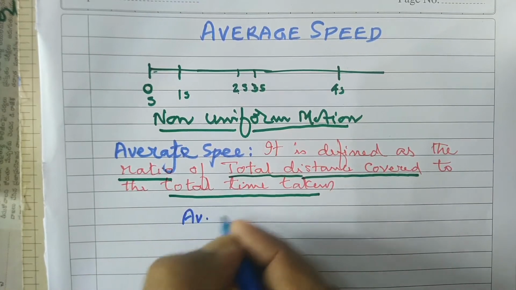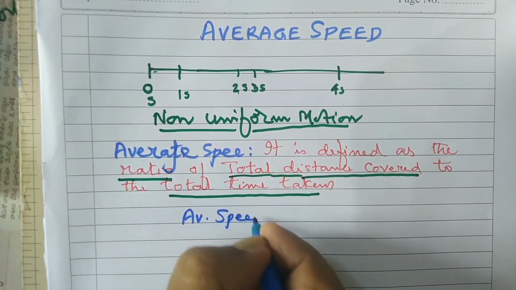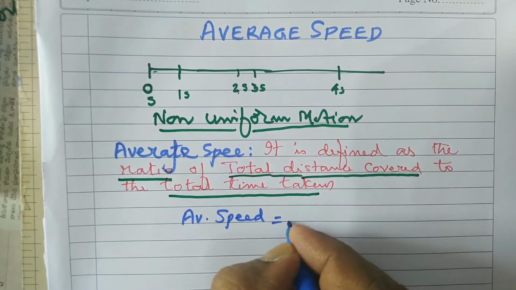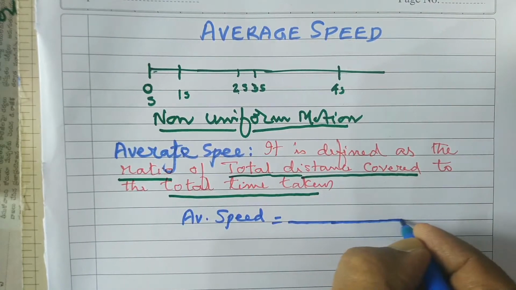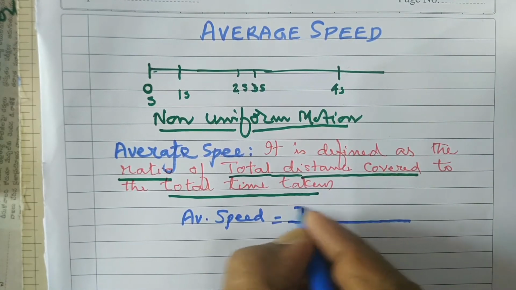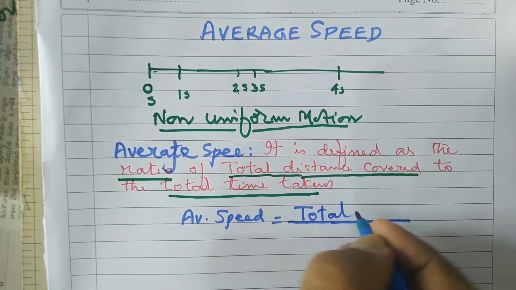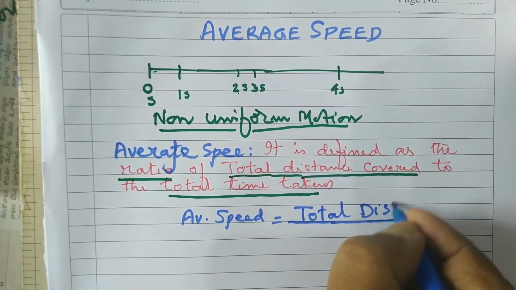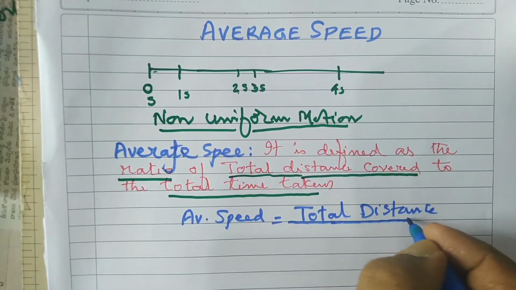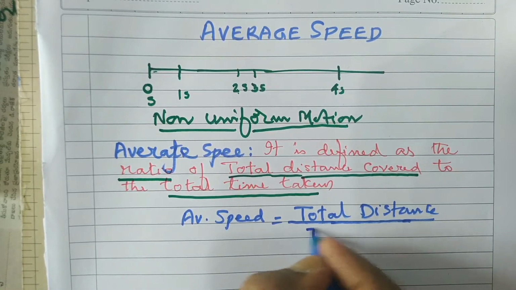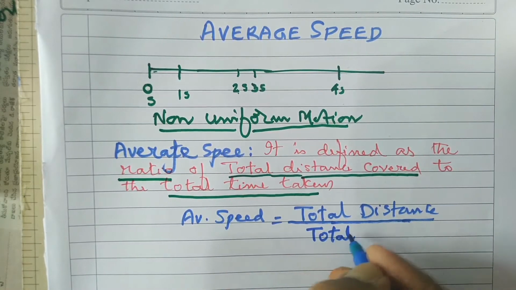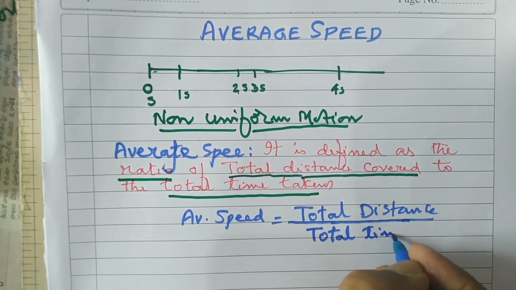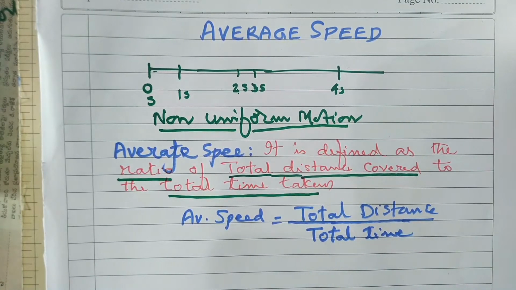Average speed is equal to total distance in the numerator, whereas in the denominator, total time will come. This is the formula.